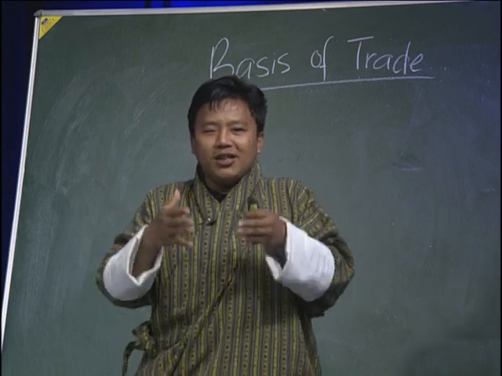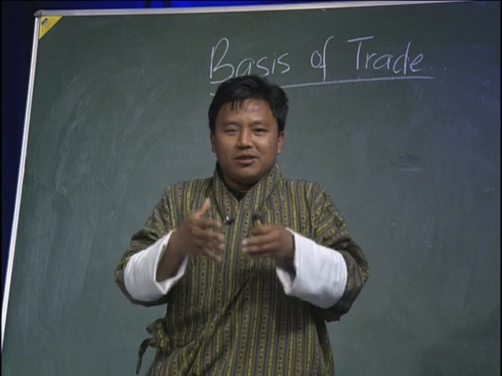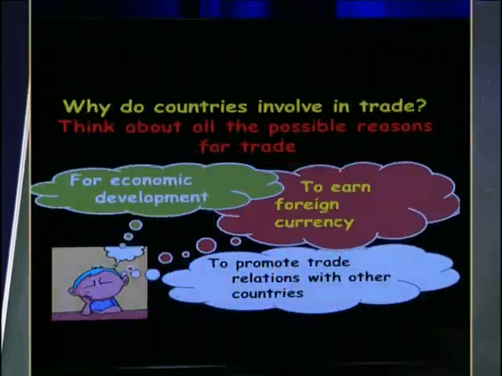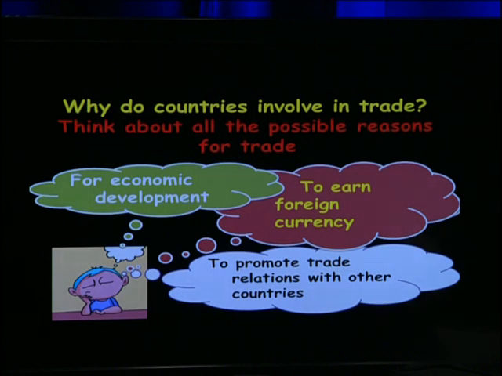And also the reason could be for economic development. Simple example, Bhutan has the advantage because of international trade to import the technology and machines, which can be used for further development of a nation. And this happens only because of trade.